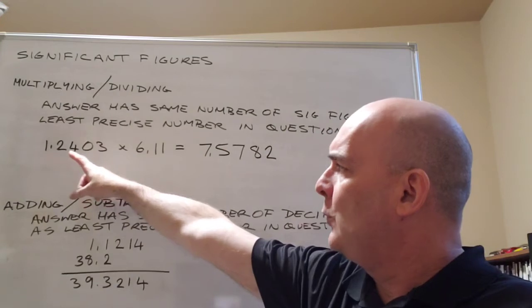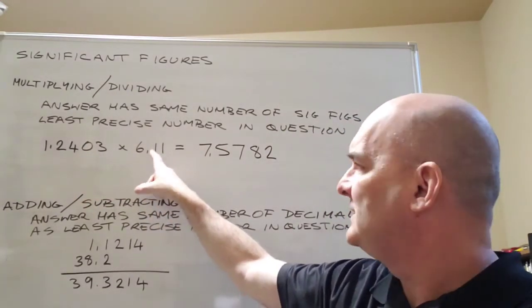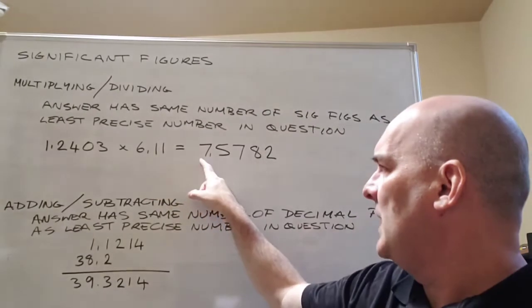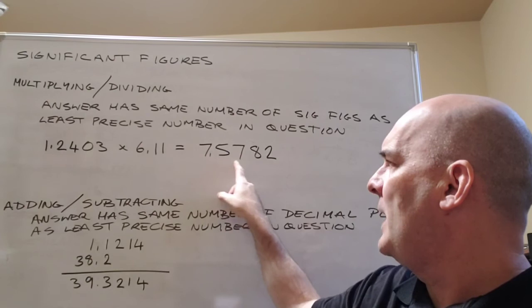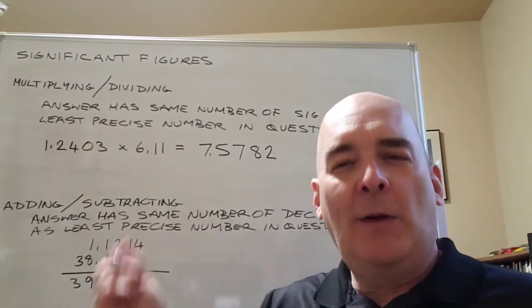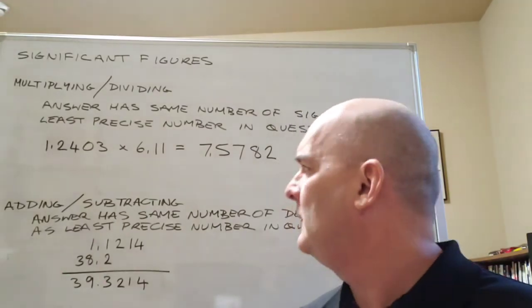So, if I take 1.2403 and I multiply it by 6.11, my calculator tells me that the answer is 7.5782. Now I have to add a little bit of science to what the calculator tells me, because the calculator doesn't know.